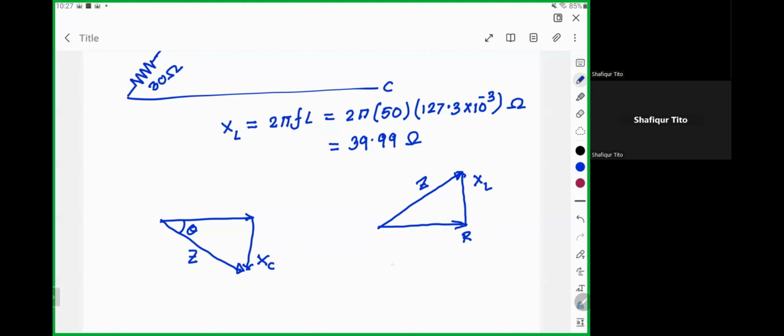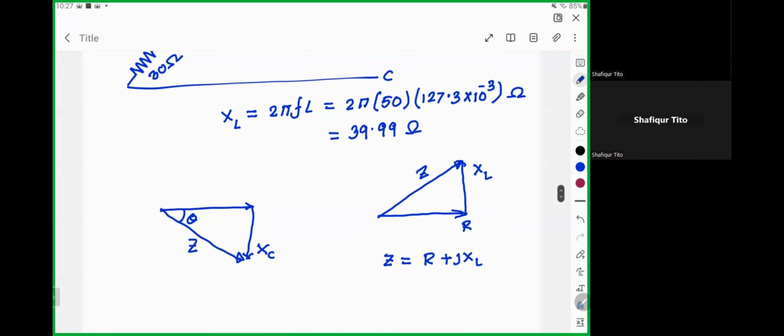So for this one, I can write down Z will be equal to R plus JXL. So XL is a 90-degree phase shift. And this one would be Z equal to R minus JXC.